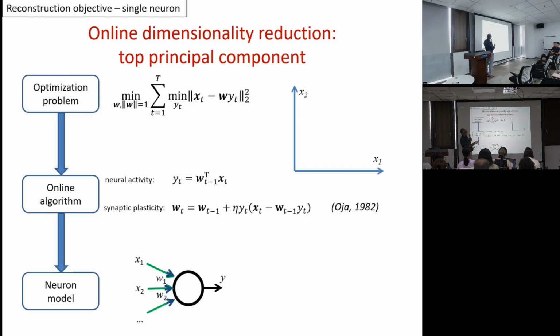Well, it's the derivative of this objective with respect to W, which is like x minus Wy transposed times x minus Wy. From the first bracket you will have y, and then you will have the second bracket. That's the gradient descent. So gradient descent on this objective function just gives you Oja's rule.